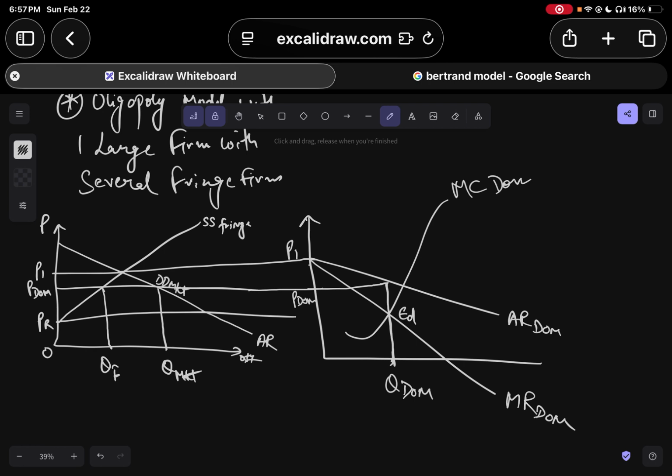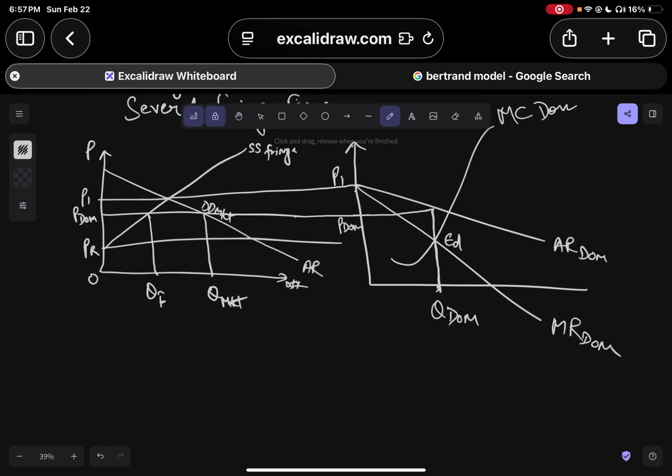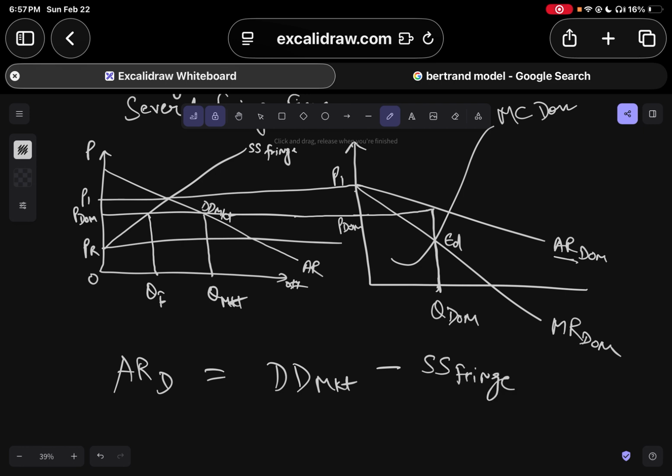Now the point of this total is that ARD, which one was ARD? ARD is this. So ARD is equal to the demand curve of the market minus supply of fringe firms, which is the AR curve of the dominant firm.